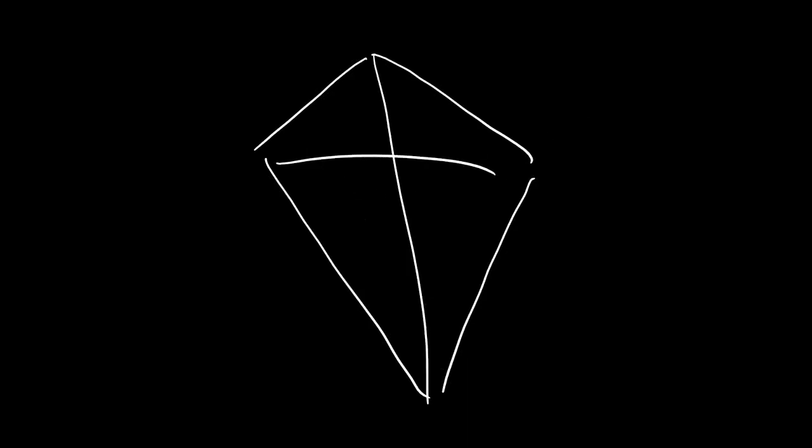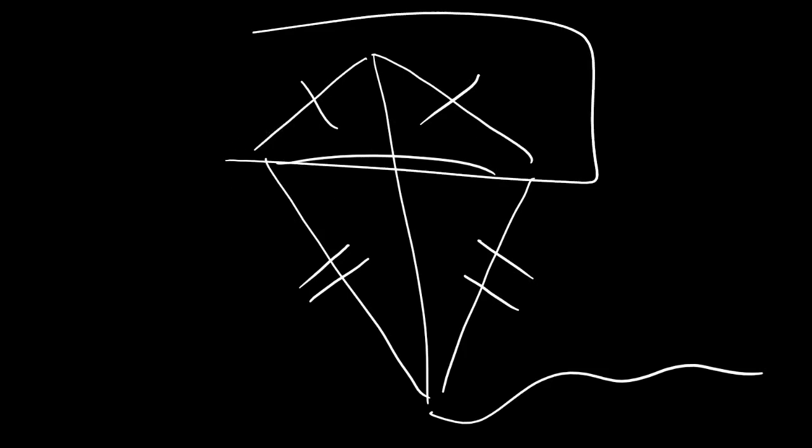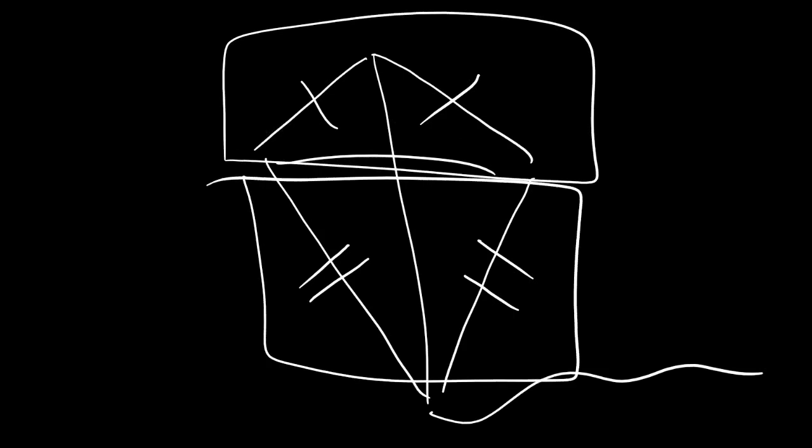You can sort of imagine a kite. So these 2 sides are the same length. These 2 sides are the same length. So what differentiates this from, say, a rectangle is that two adjacent sides are the same length. And here, two adjacent sides are the same length. Adjacent means next to or touching. In this case, they're next to each other.